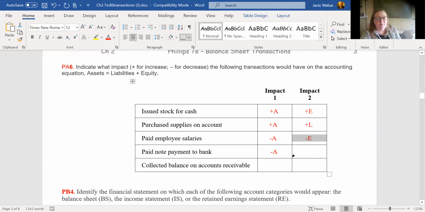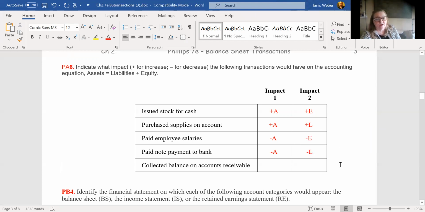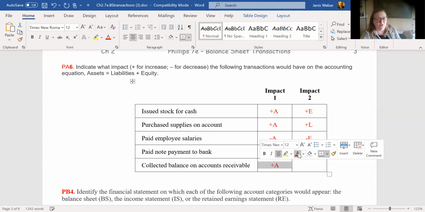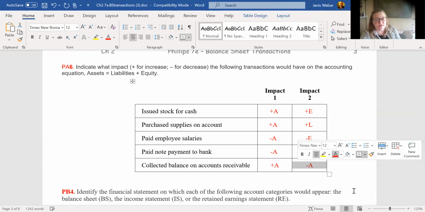We paid a note payable. That means the liabilities went down in that case. And then we collected the balance on accounts receivable. If we collected, that means cash increased, means assets increased. And we collected the balance on accounts receivable, so assets also decreased.